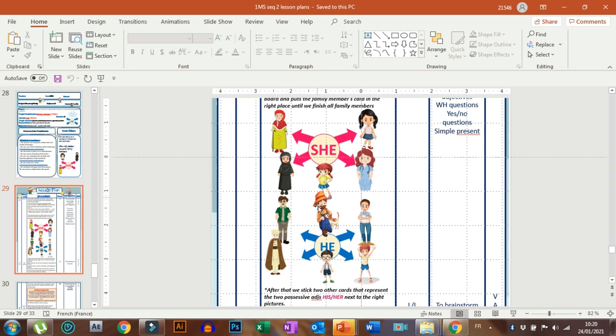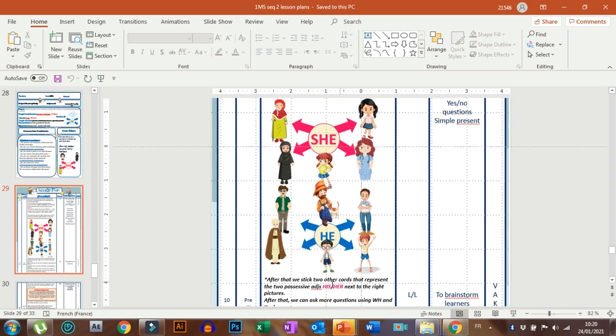So here we're going to, let's say, have an interaction. Sometimes we can even write sentences on the board with he, she. And later we're going even to insert the words his and her, because here it's very important to use the possessive adjectives his and her. So it's an interaction in order to get more information on how to write about a family member with he and she.